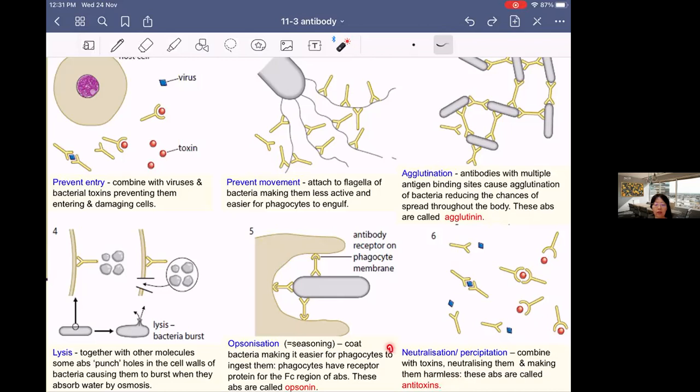So this type of antibody is called antitoxin, because it prevents the toxin from acting on our body by neutralizing it or precipitating it. So therefore, there are 6 ways an antibody can work against the pathogen or the antigen.